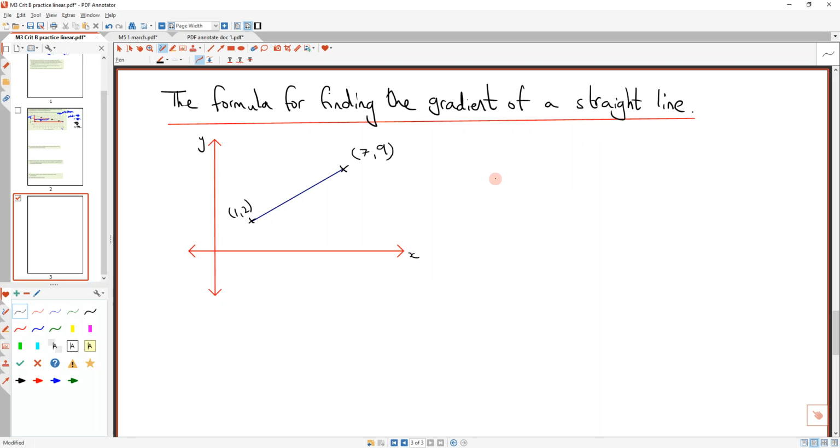So in the previous example, in order to work out the gradient, what did we have to do? Yeah, we drew a triangle, okay? And I can do exactly the same thing here. There is a formula, but what we're going to do is we're going to use this to come up with it.